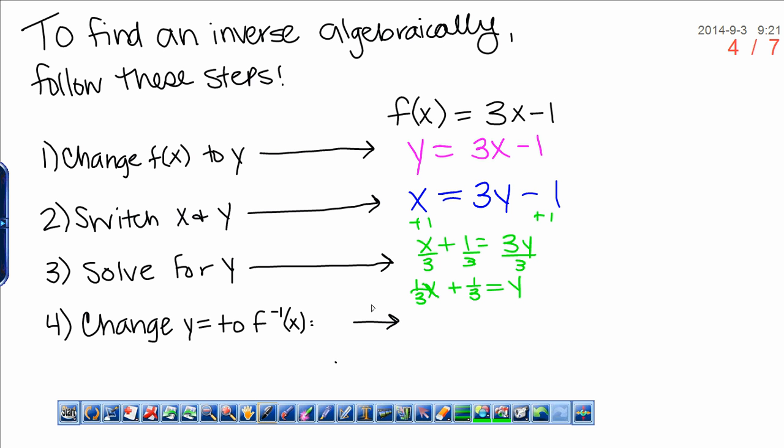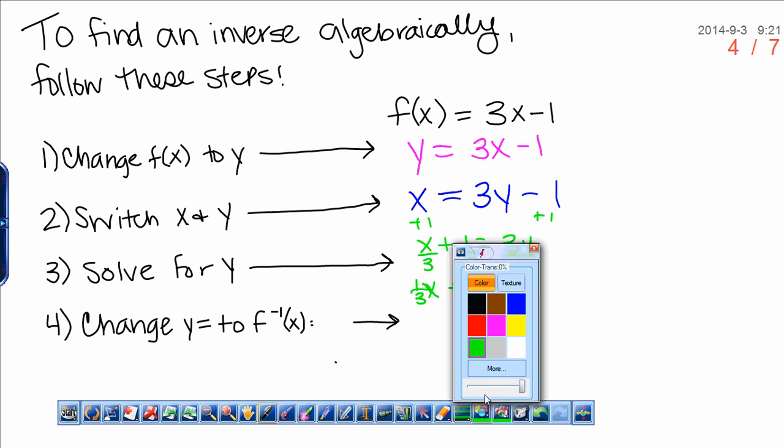Okay, then we use this new notation. It's f with a -1 of x. And what that means is the inverse function of x, or f inverse of x instead of just f of x. And that's how we'll write our final answer.